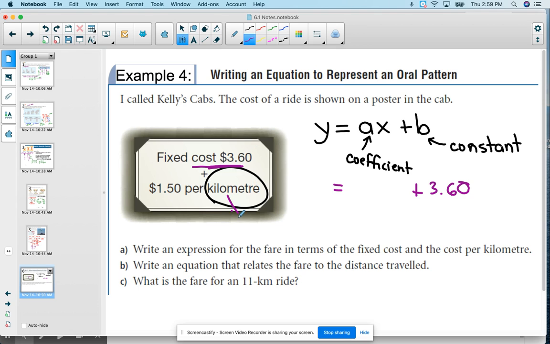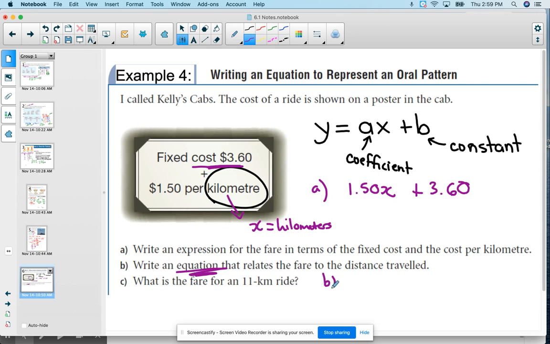So if x is your kilometers or distance traveled, you have to multiply by $1.50 for every kilometer. So this right here, without the equal sign, is your expression if x is equal to your number of kilometers. So this is A.